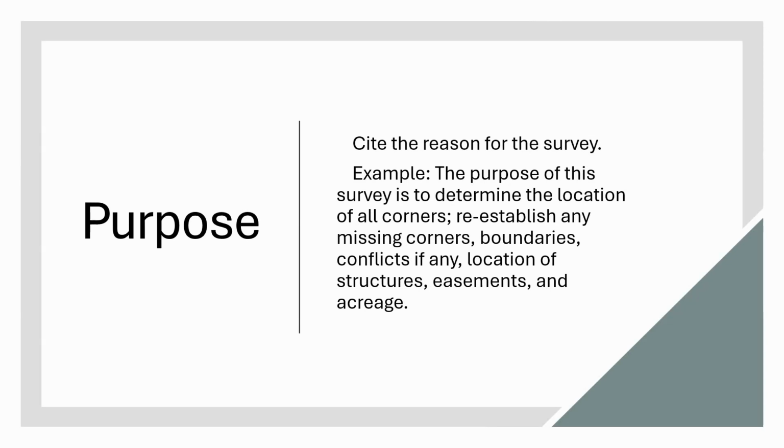So it's simple, it's clear, it's direct. What was my job on this survey? Identify these things: corners, boundaries, structures, easements, and then provide acreage. Clear and simple. A lot of that information may also be tied into your title, but now your purpose expands on that just a little bit more.